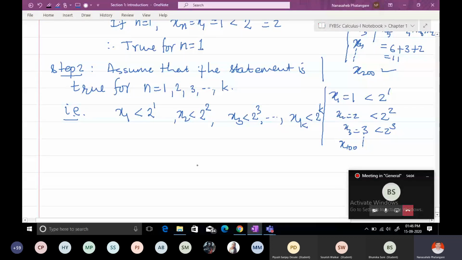Now what is my third step? Step 3. We prove for n is equal to k plus 1. That is to prove.